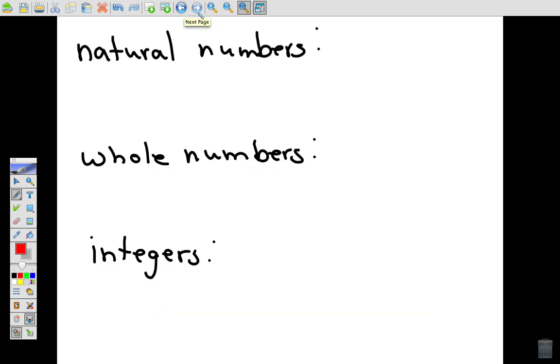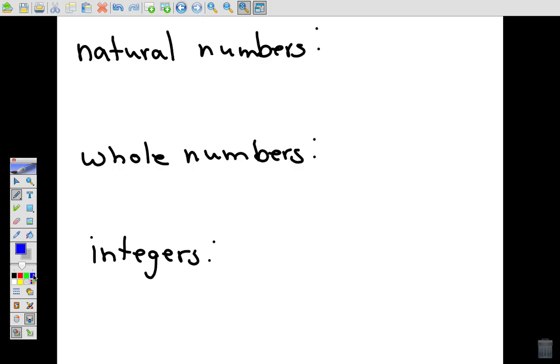Now, the main thing that we're trying to do with sets to start with is to give definitions of these three types of numbers that I have up here. The first one is natural numbers.